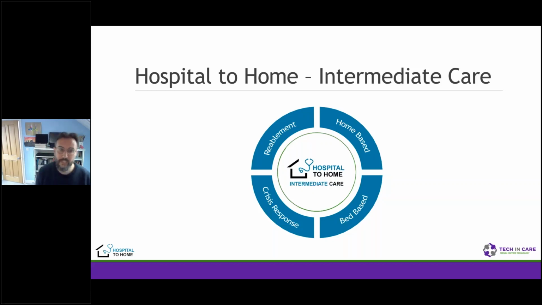And it's taking the same principles of being a very data light, process-focused case management system that covers all of those 4 models of care.